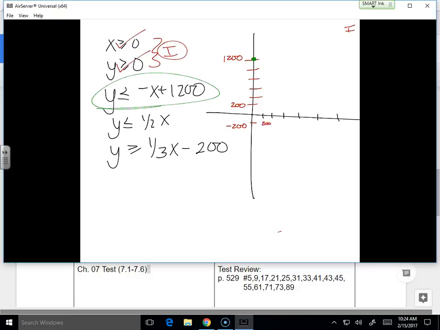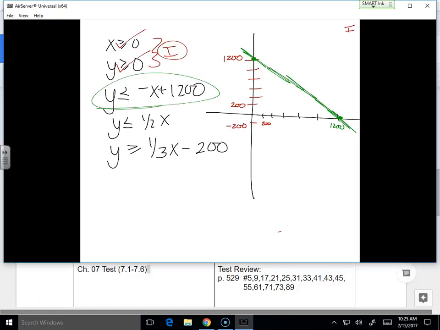Oh, okay. We can technically go down 1200 and over 1200. 2, 4, 6, 8, 10, 12. That sounds easier. So down 1200, over 1200. There's our 1200, and we can connect with solid. True?